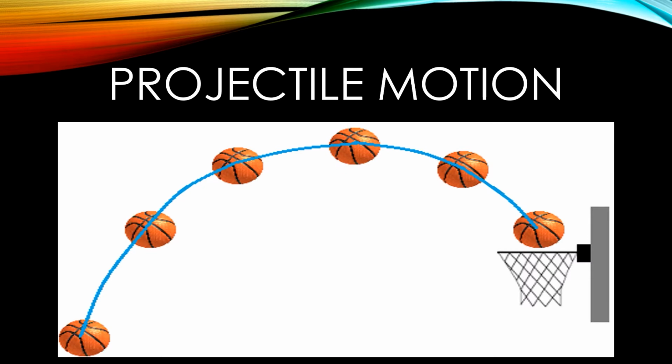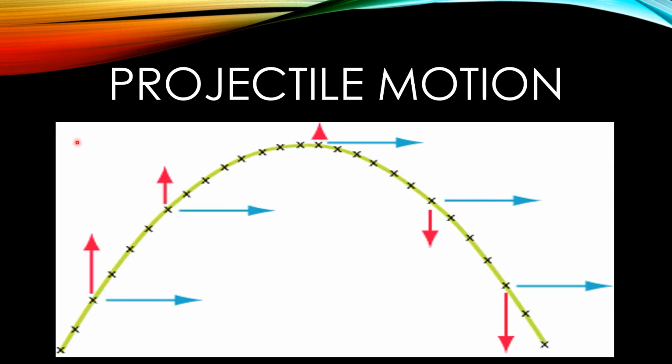The vertical and horizontal components of a projectile are independent of each other. Based on the illustration that I provide, take note that the upward and the downward arrows will represent the vertical velocity of the object. On the other hand, the sideward arrow, the arrow pointing to the right, will represent the horizontal velocity of the object.